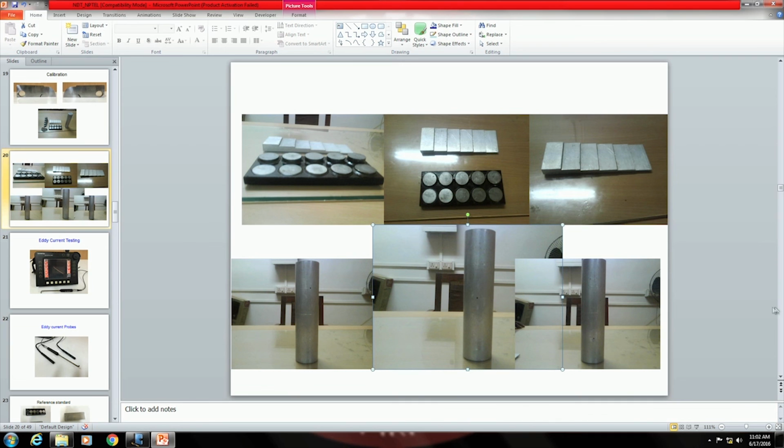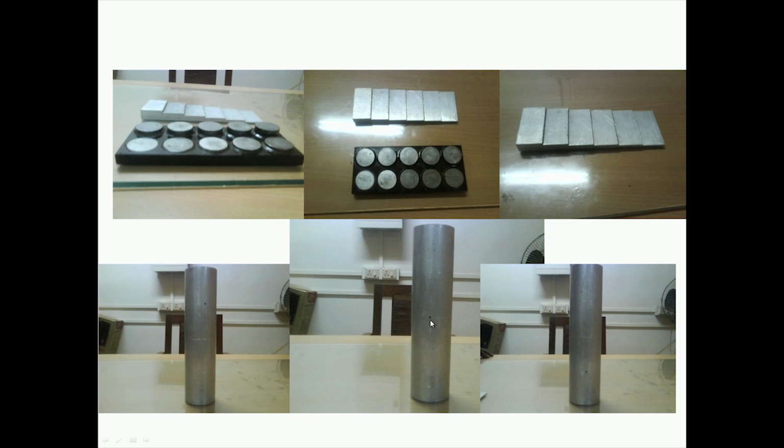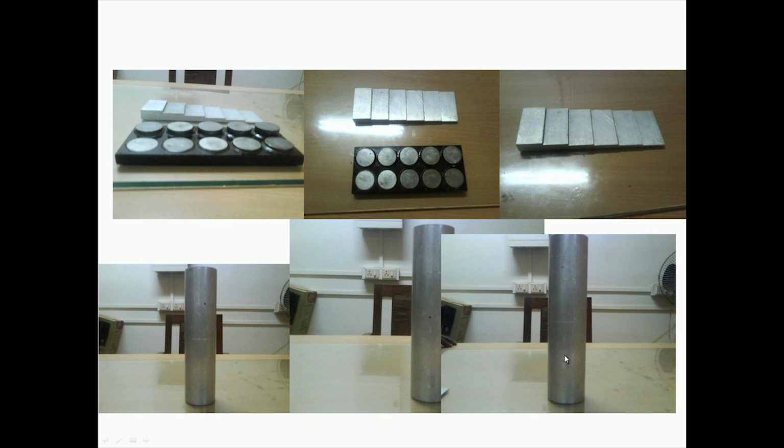So, here again you could see around this area there is another hole. This hole is at 100 mm, the first one here which you saw is at 50 mm, and on the same block you have another one at 100 mm.